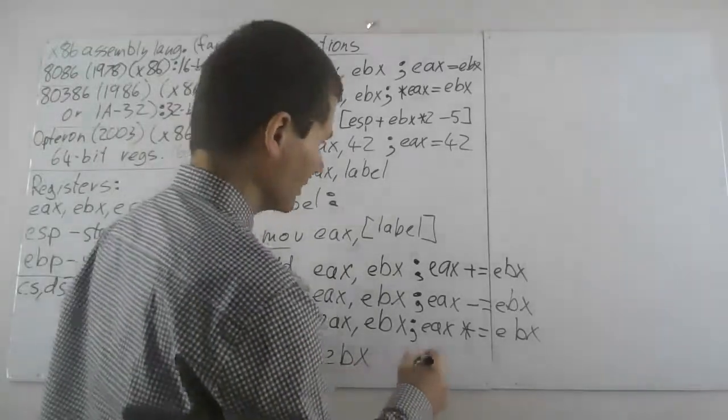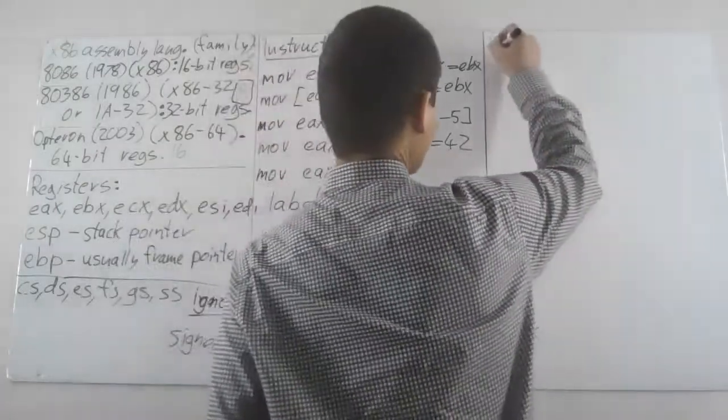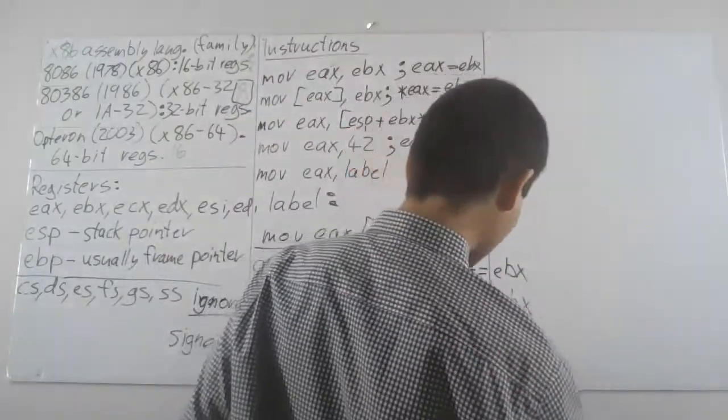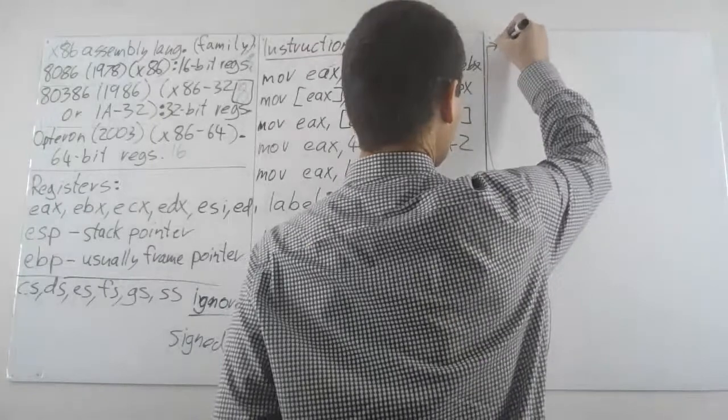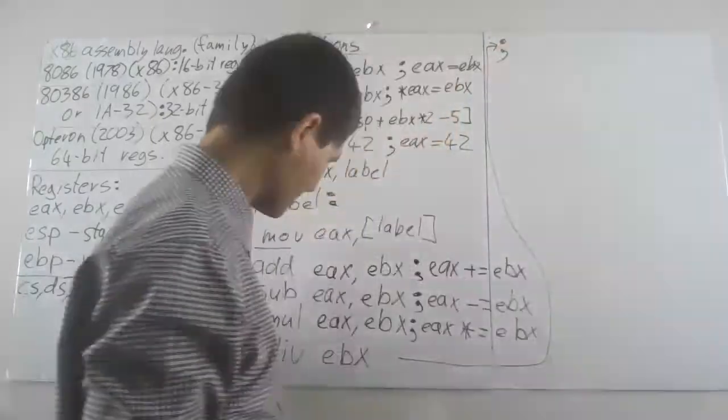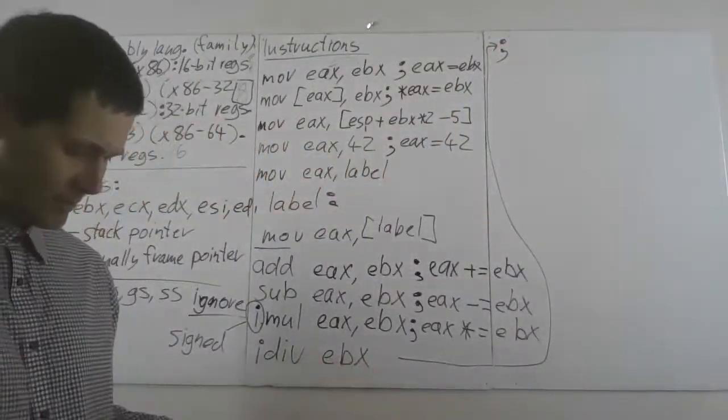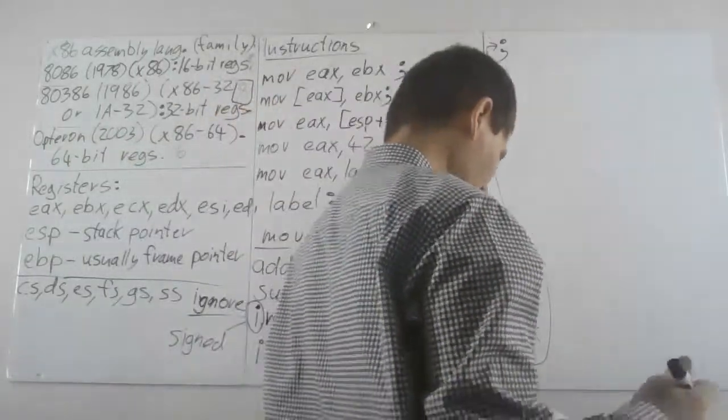What this does, I'll put an arrow up here for the comment. So idiv takes one register, in this example EBX.